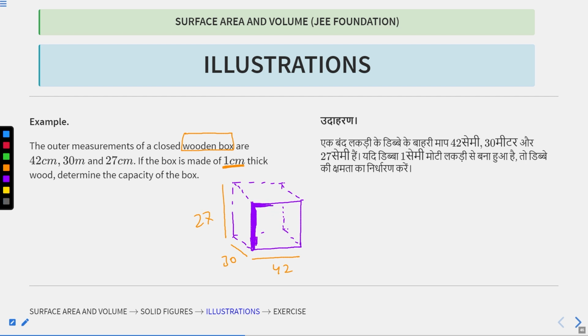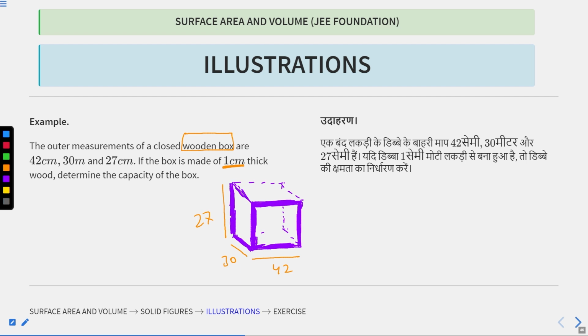It will look like this. I hope you can easily see the thickness of the wooden box. It is thick from every side. So I am going to do the same for every side, so that you can easily visualize the box. This thickness is 1 centimeter.